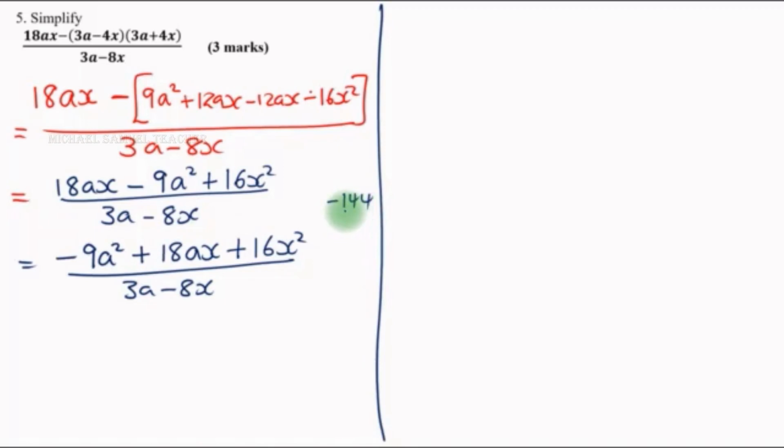But 144 we can get factors such that when we add the two factors we get 18, and that will be minus 6 times 24. Those will be the factors.